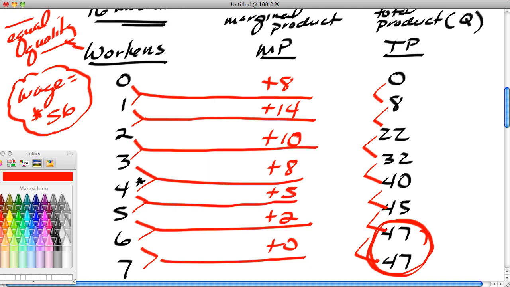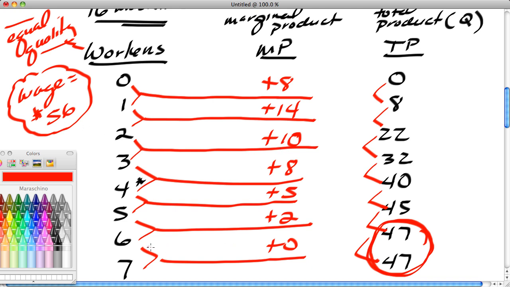Now think about this. When we add the first worker, we pay the first worker 56 per day. The first worker adds 8. We add the second worker, we pay the second worker 56. The second worker adds 14. We add the third worker, we pay the third worker 56. But the third worker adds 10.